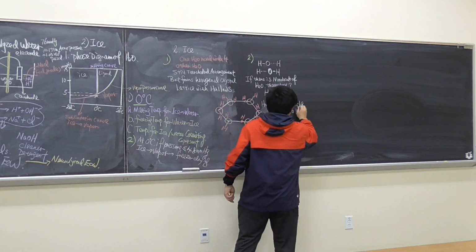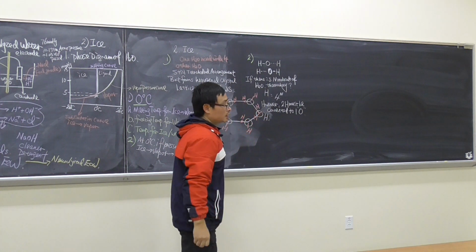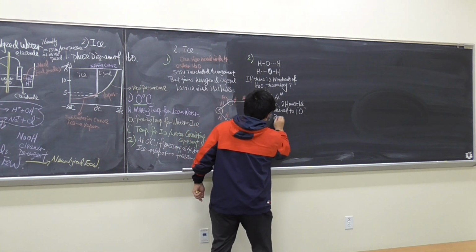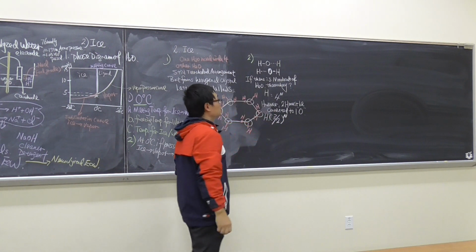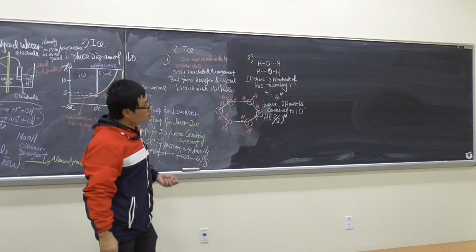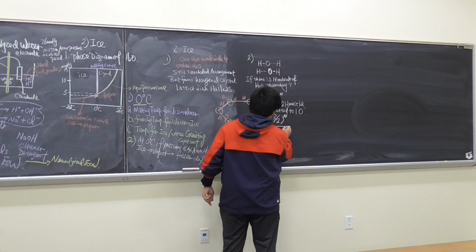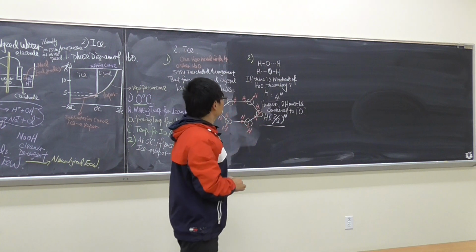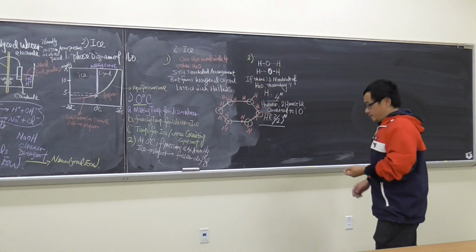So how many different positions for the hydrogen? It is 3 divided by 2, to the power of n. That's all in your textbook. It's just math that already exists. So these are a little bit about the structure of ice. We're going to go back to talk about that.